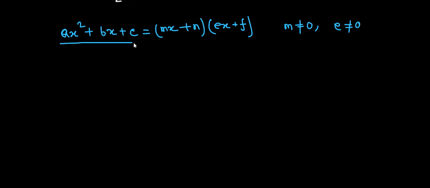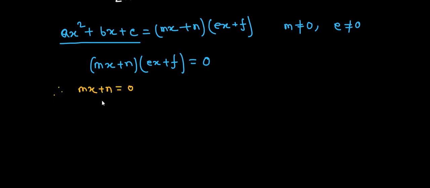So in this particular equation, how do we find the roots? We can say mx plus n and ex plus f, this product should be equal to 0, right? So in that case, mx plus n should be 0, so the value of x should be minus n upon m, or x should be minus f upon e.